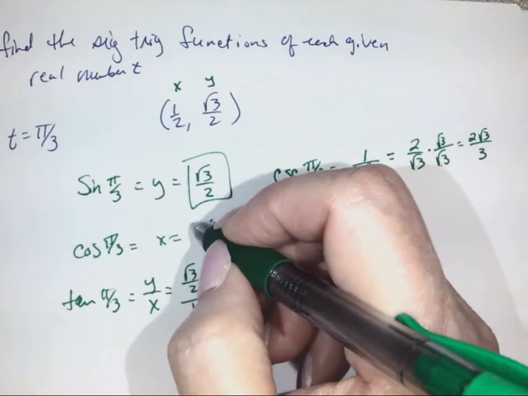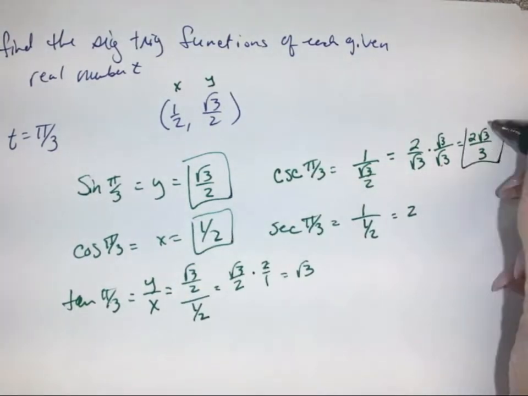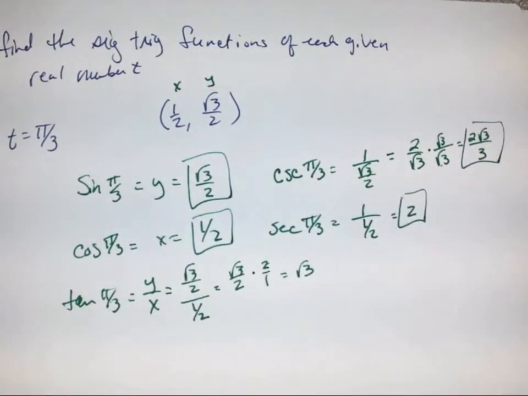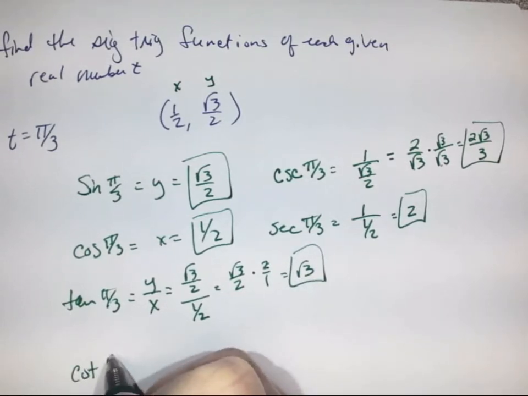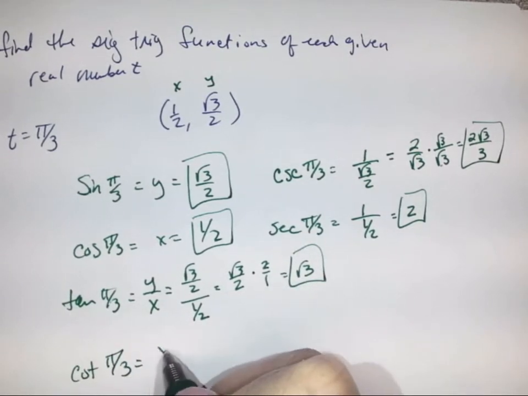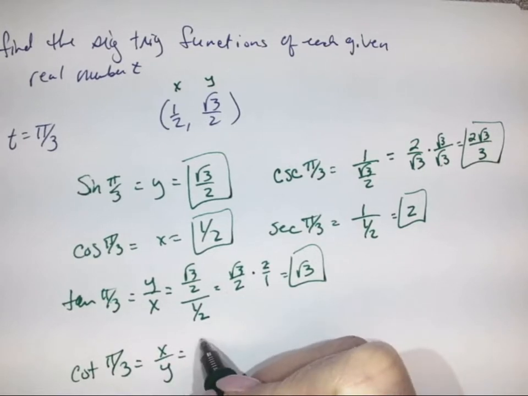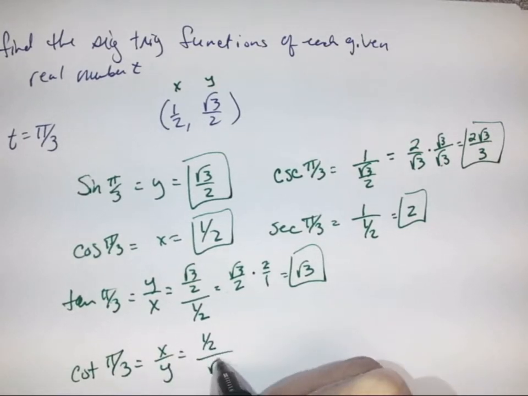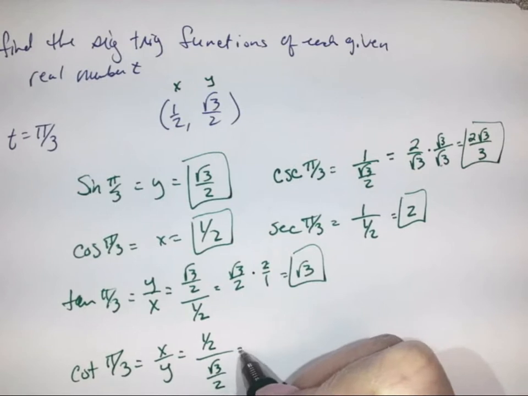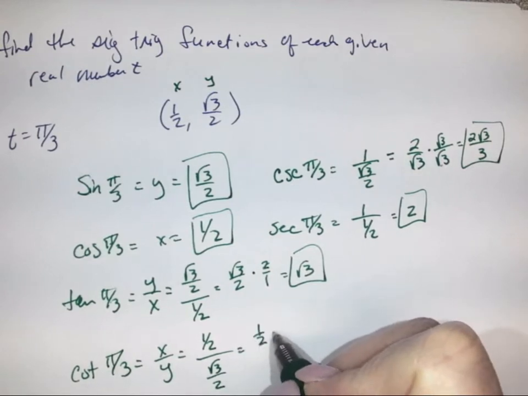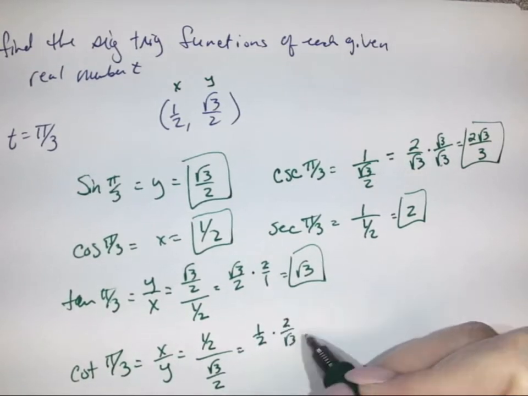So here's 1, 2, 3, 4, and 5. We need one more. We've got cotangent of pi over 3, which would be equal to x over y, which is 1/2 divided by the square root of 3 over 2. So 1/2 times 2 over the square root of 3.